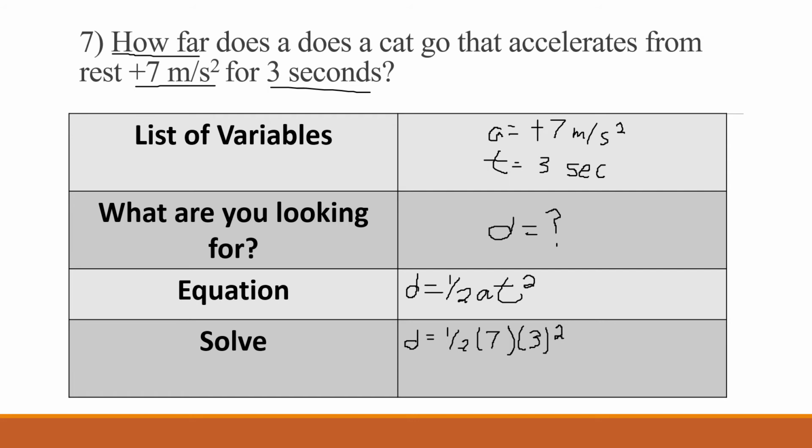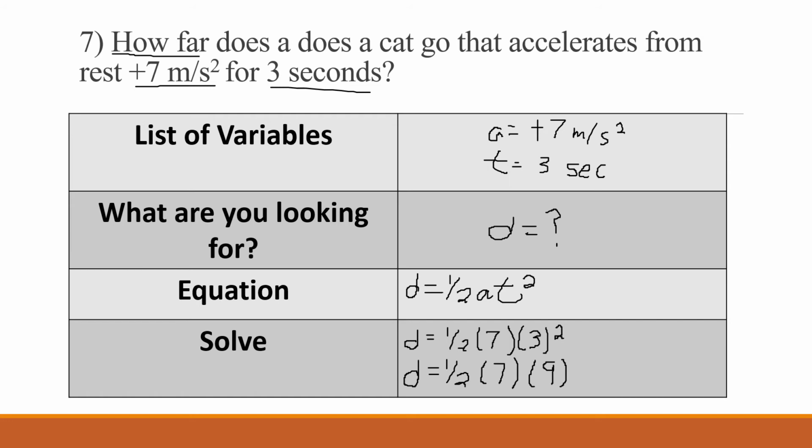I just plugged into that equation. Order of operations is what has to happen next. 3 squared is 3 times 3, or 9.